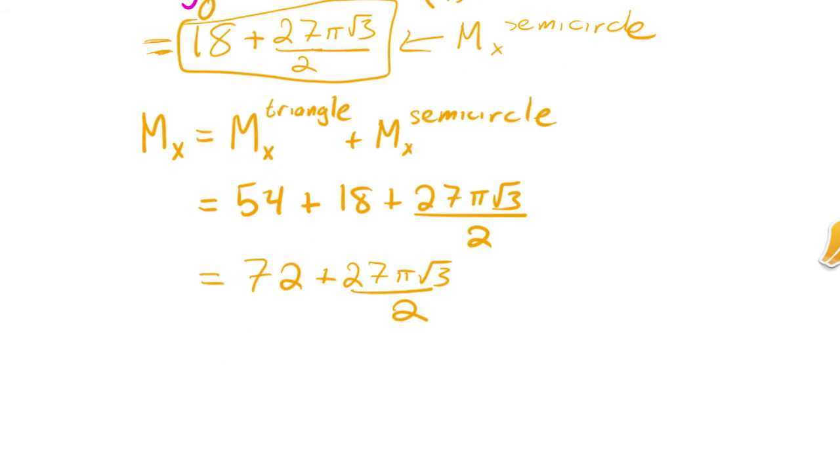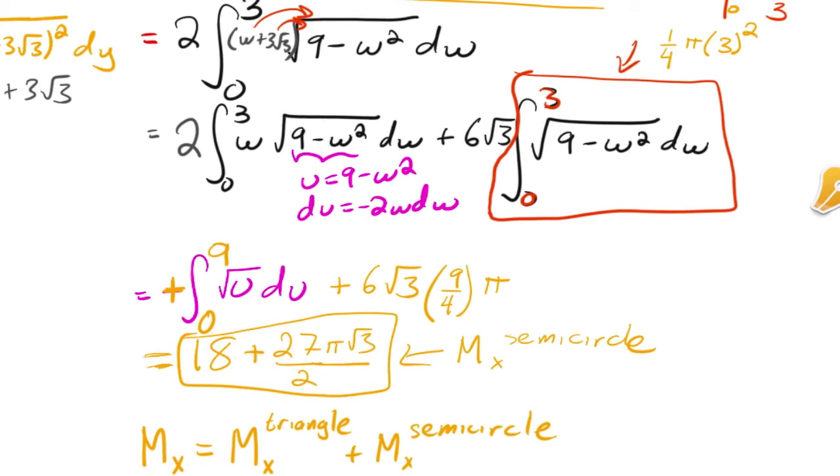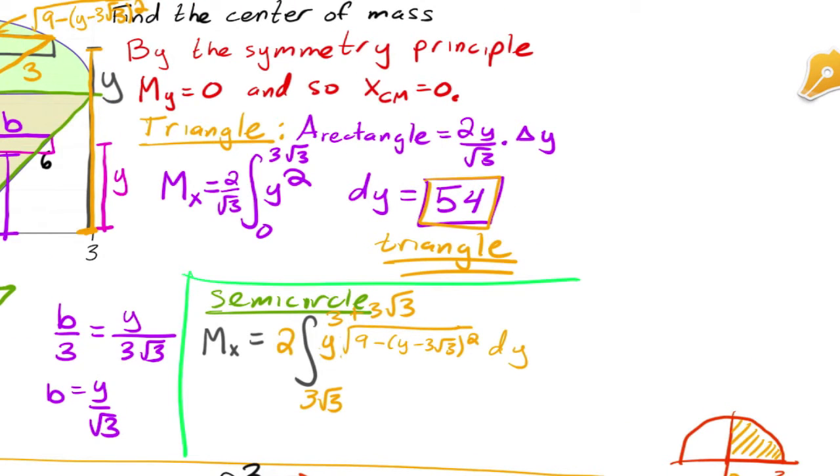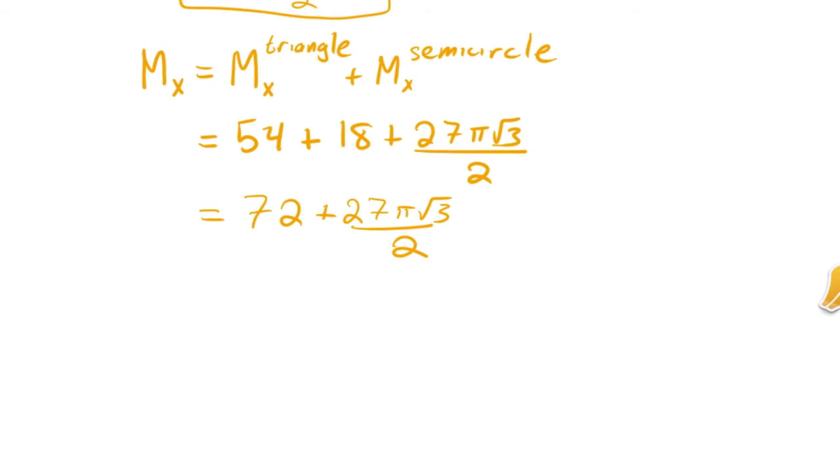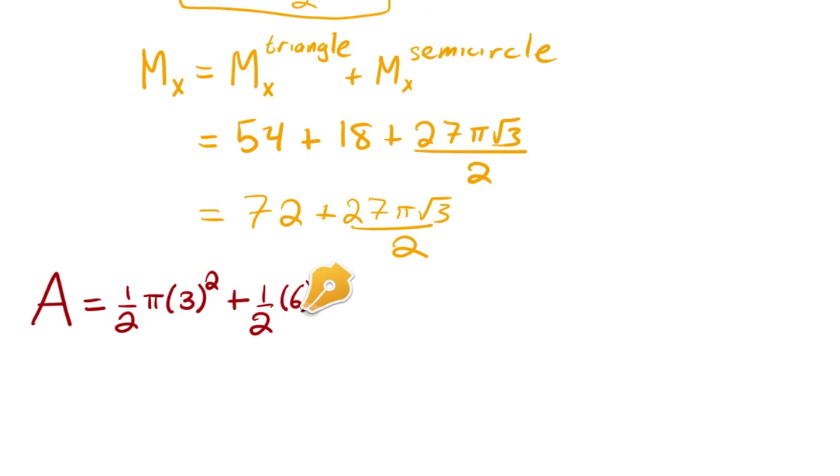And did we find the area yet? Let me go back here. So we still need to find the area of the entire shape, but that's easy, right? Because the area is equal to the semicircle, so this is 1/2 pi times the radius squared, plus the area of the triangle, which is 1/2 times the base, 6, times the height, 3√3.